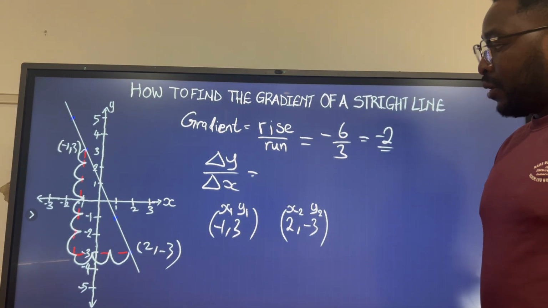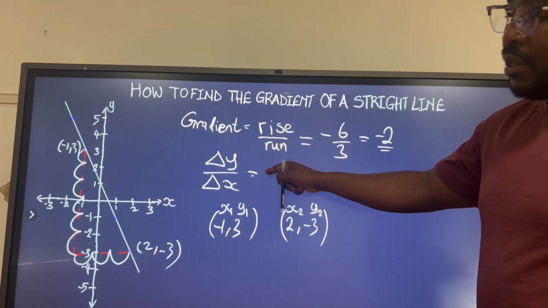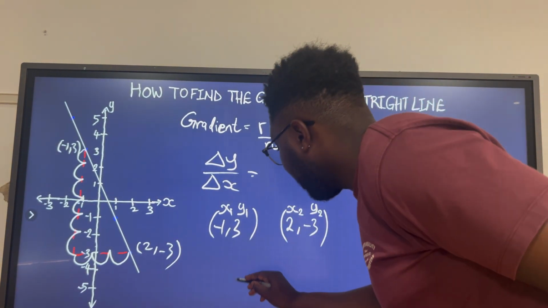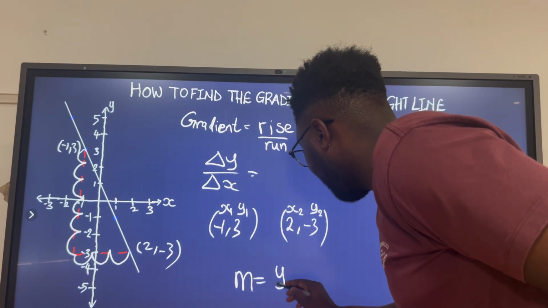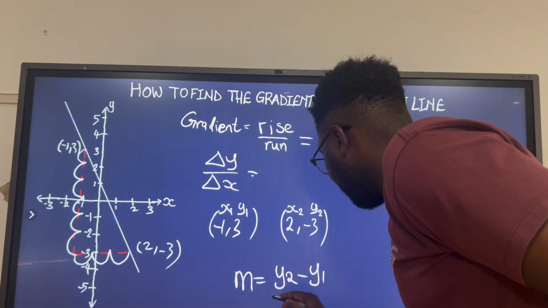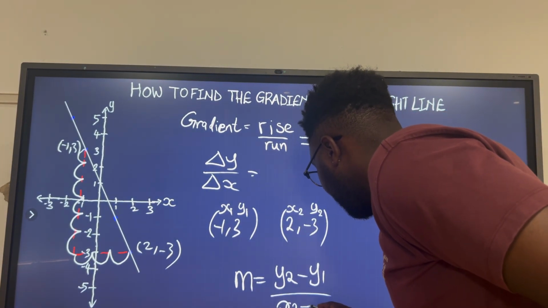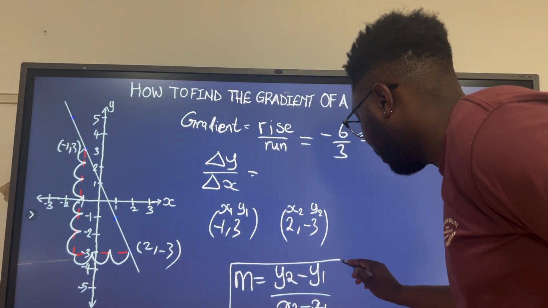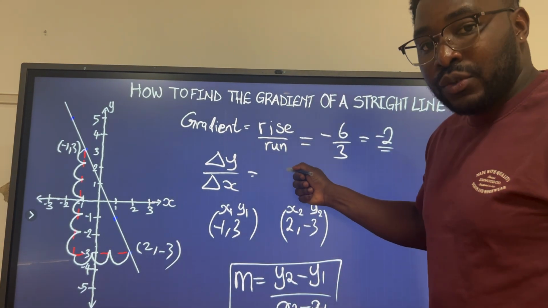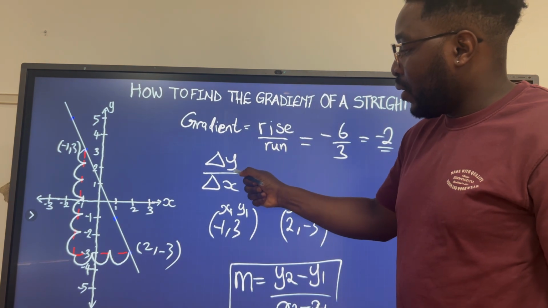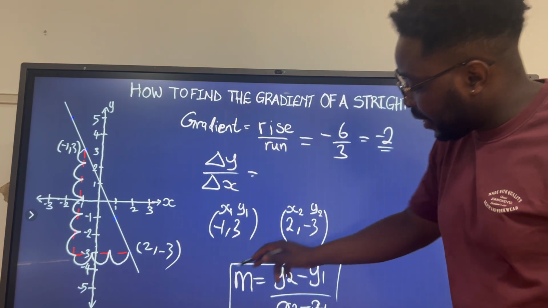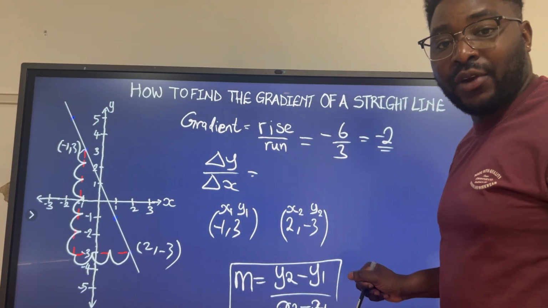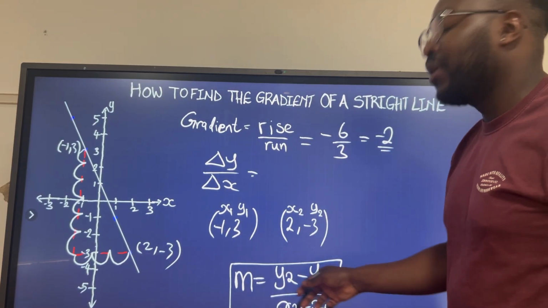Okay, so before we go on with the calculations, let's come down to this formula over here, which is the gradient formula. The reason why I'm writing this gradient formula is because what we do with the change in y over the change in x is the same thing that we do with our gradient formula, because we are taking the same values. All we have to do is substitute them in this formula.